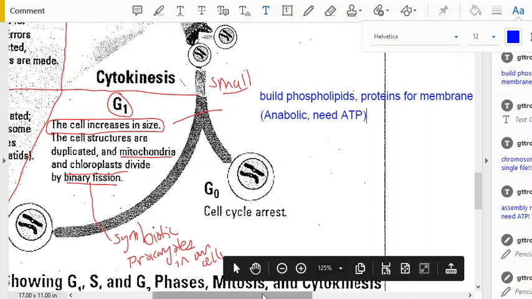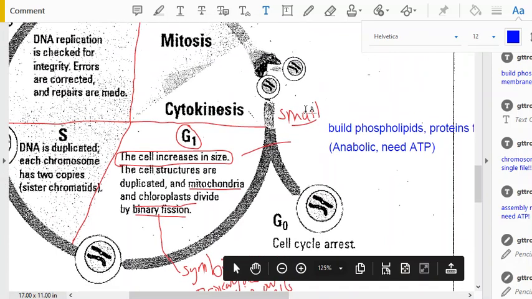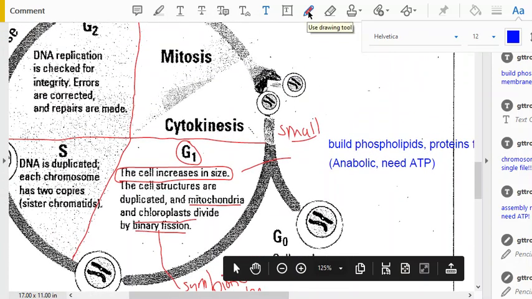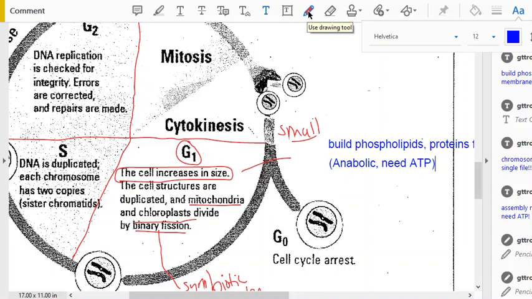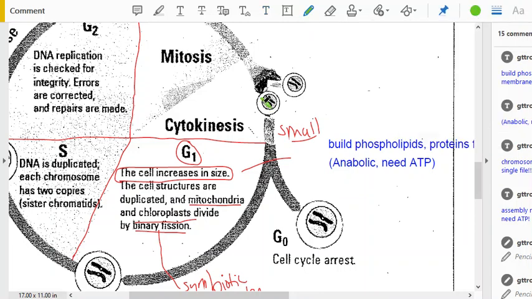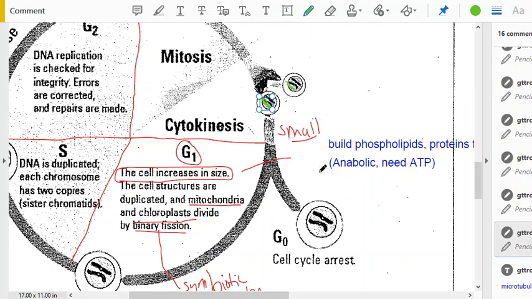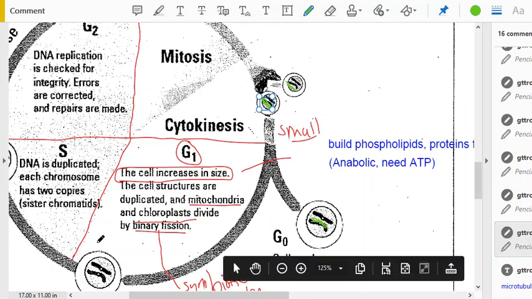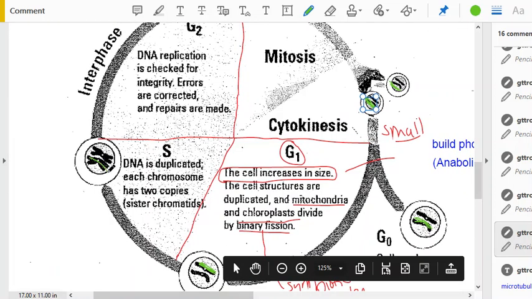And while we're at it, because the cell that we're using here is the same cell that we just worked with, if you want to pause the video and take one quick second and go through and color code all of these chromosomes, go ahead and do that. Remember, green and blue are the colors I used, but you can pick whatever you want.